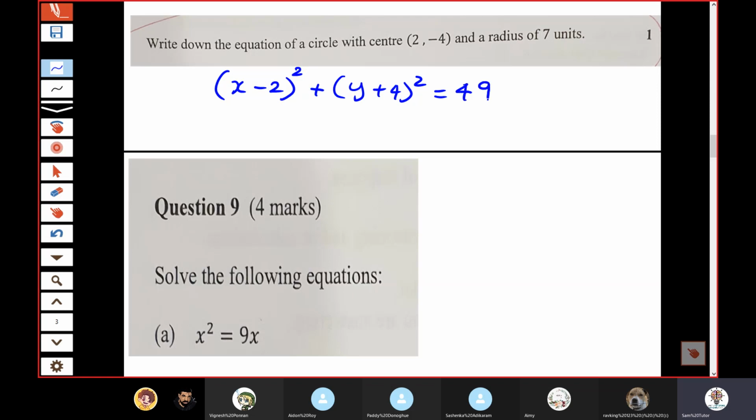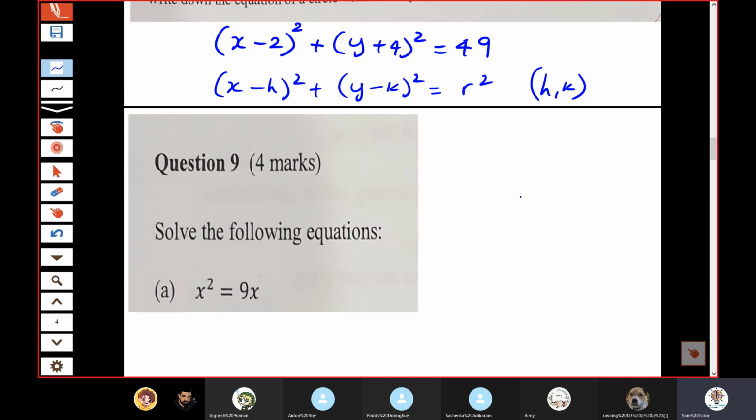Well done, Ethan. That's fantastic. That is a circle. x minus 2 squared plus y plus 4 squared equals 7 squared, which is 49. Amazing. Well done. So the general formula for a circle is (x minus h) squared plus (y minus k) squared equals r squared, where h and k are the center, sorry, yeah, x and y.